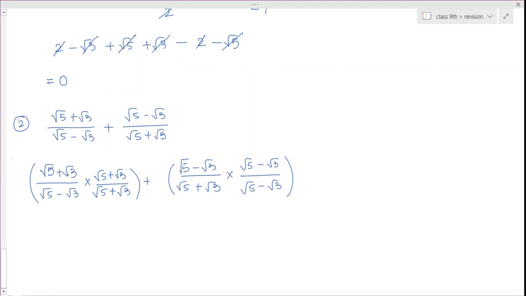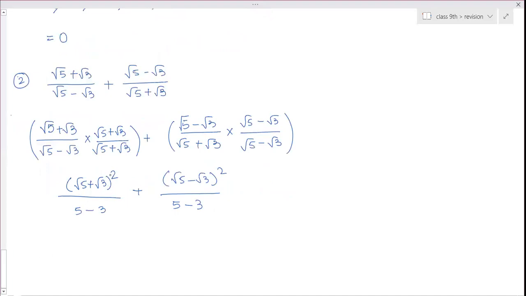So here the same number is multiplied 2 times, that means the square of this number, root 5 plus root 3 whole square, divided by a minus b into a plus b, so a square minus b square. That is a square is 5, b square is 3. Plus root 5 minus root 3 whole square divided by a square minus b square.